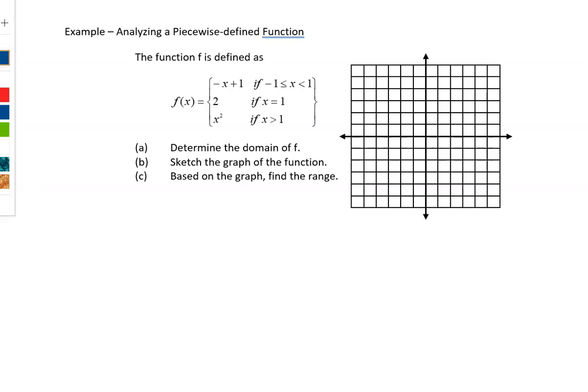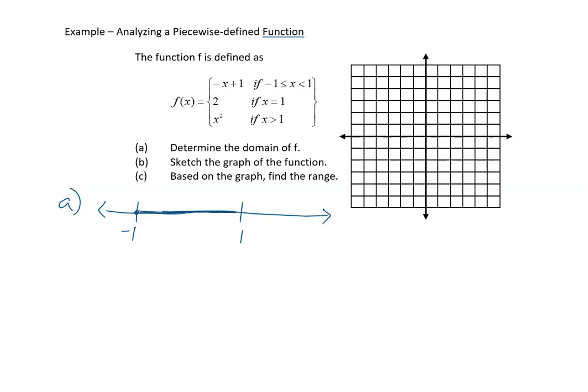So if we think about it in terms of a number line, we know that we're going to occur between -1, including -1, and 1, not including 1.